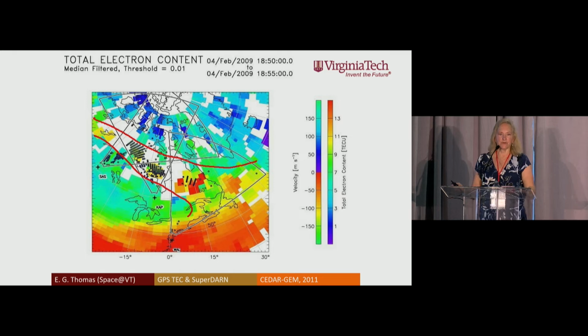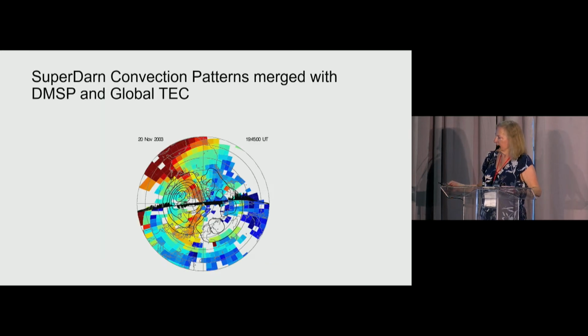Many of you have used their maps and their convection patterns that we've overlaid onto the TEC, and shown how the TEC tends to propagate over the poles following the convection pattern that is measured by SuperDARN.